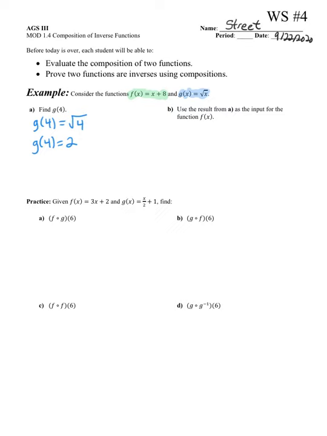And then part B just asks, use the result from A as the input for the function f of x. It's kind of a weird way of saying, I want you to find f of g of 2. I'm sorry, not g of 2, g of 4.